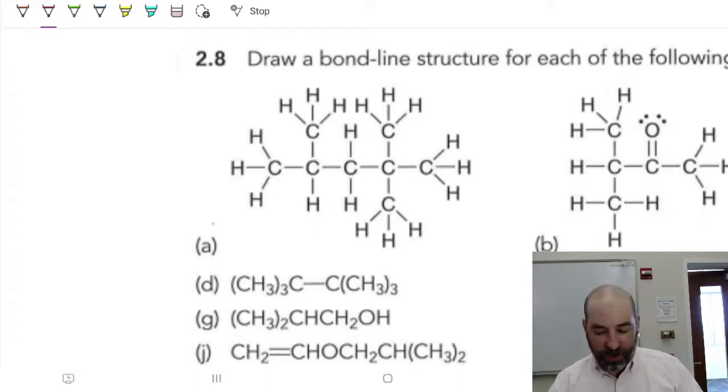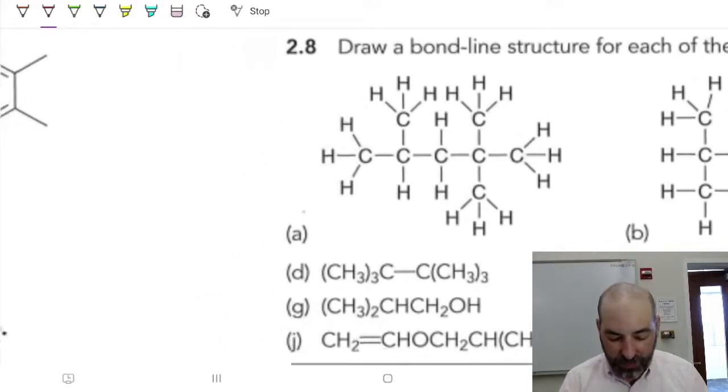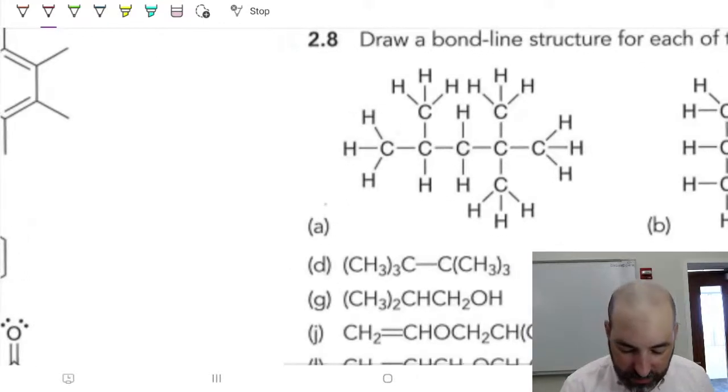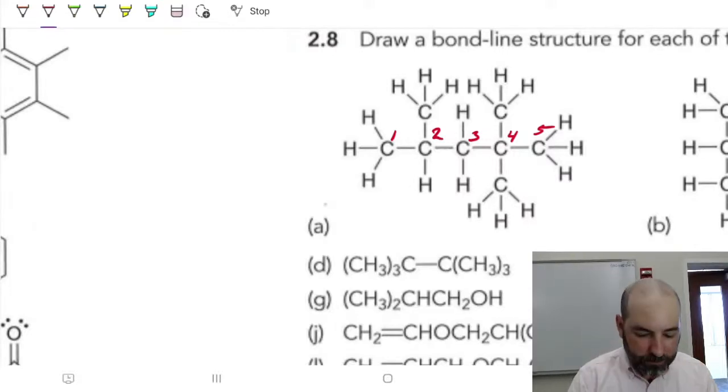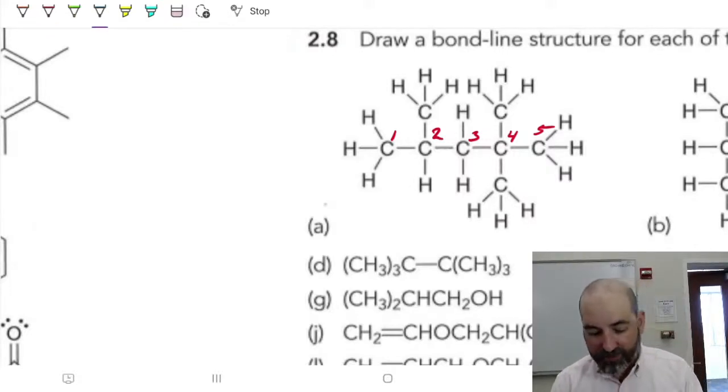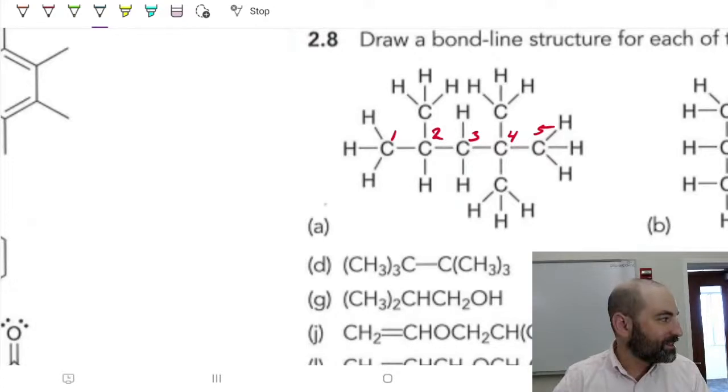When I see a bunch of carbon atoms together like this in a row, and I want to draw a line structure, what I usually do is I just number or count them. And you don't have to do all of them, but the ones that are all kind of connected together. And that's going to be my main zigzag. So then I go, okay, there's 5 in a row. So I can draw a zigzag of 5 carbons.